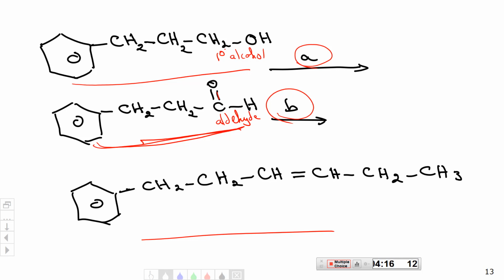The special reagent, the only reagent that we learned about that can take a primary alcohol to an aldehyde, is the Dess-Martin reagent. Very good. Using chromium trioxide or sodium dichromate with H plus would not achieve this reaction. It will take it all the way to the carboxylic acid. So this is our first step.